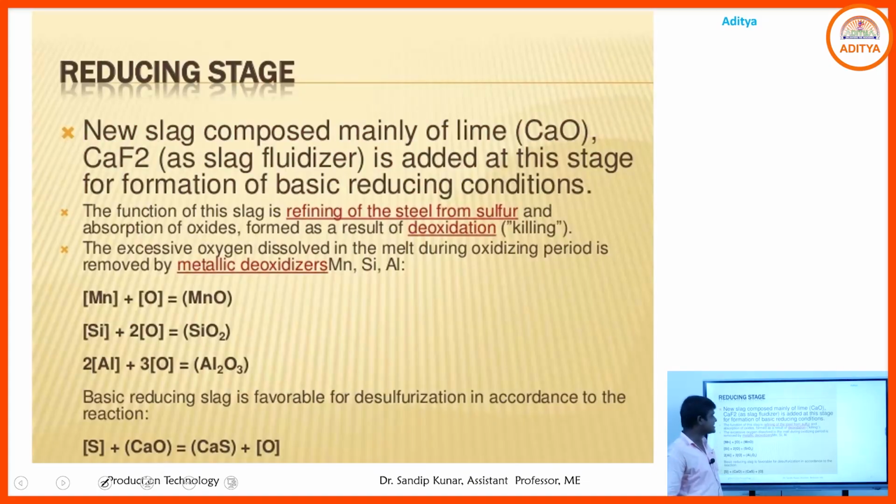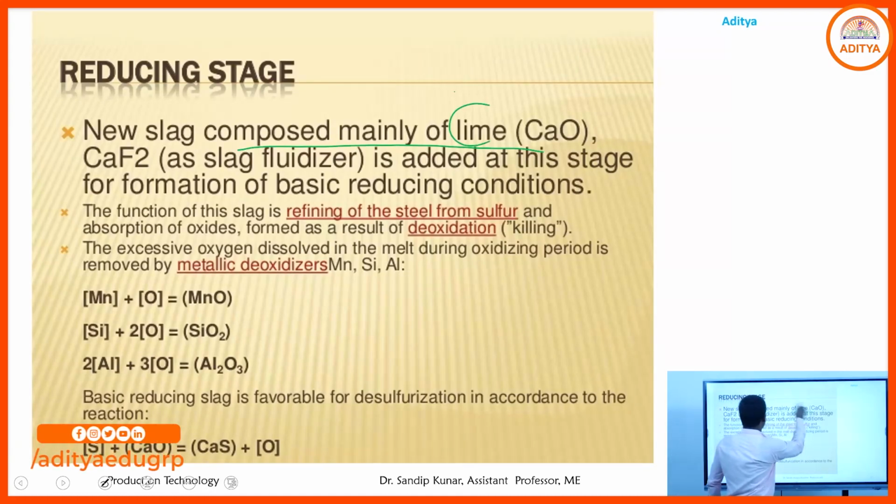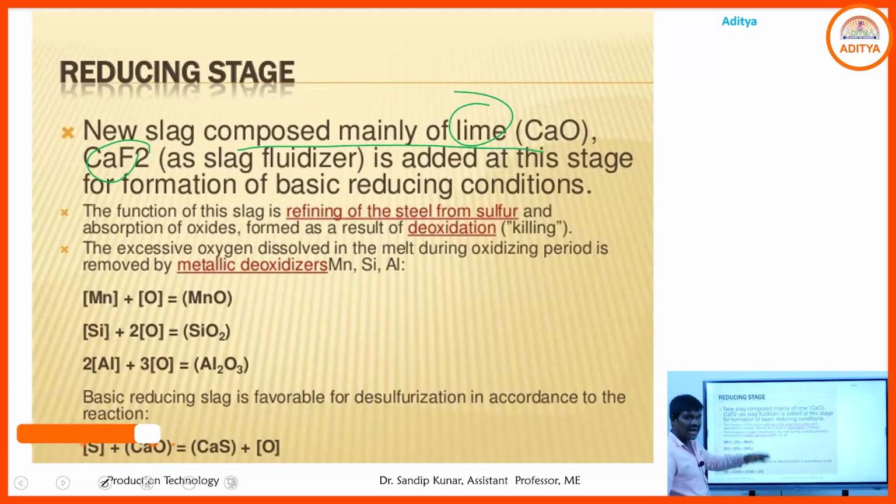What is the reducing stage? In the reducing stage, slag composed mainly of lime and CaF2 will be added. Oxide will be formed, and at that stage we add the lime and CaF2. Due to adding these, basic reducing conditions are formed, which means oxidation will be reduced.